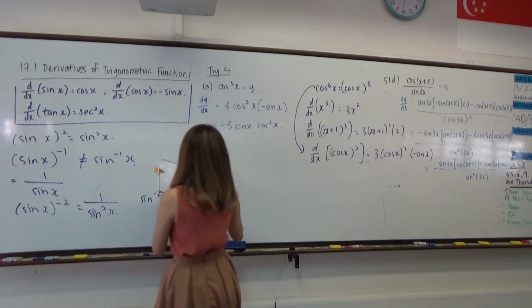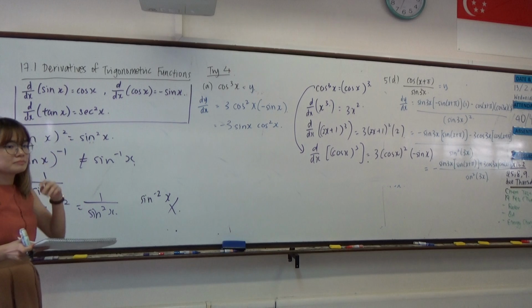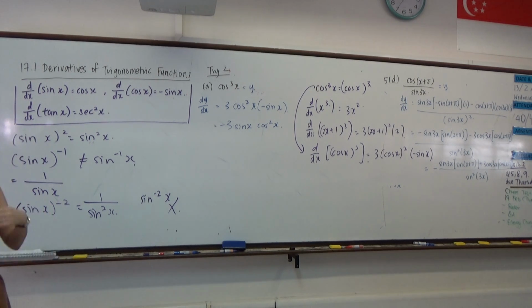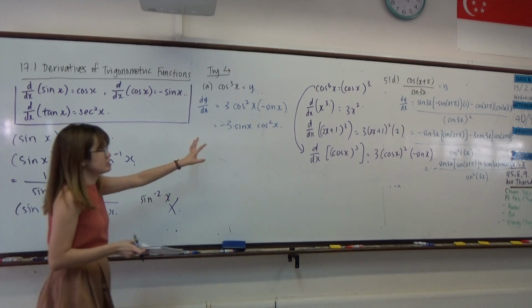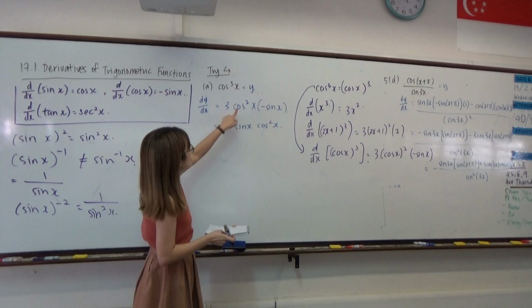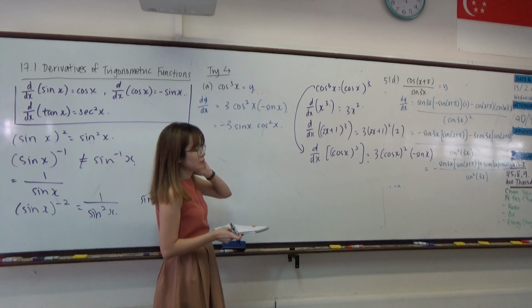In any power, differentiating cosine x itself will always give negative sine x. The power is due to the power rule. So it's the cosine x itself that will be differentiated to become negative sine x.